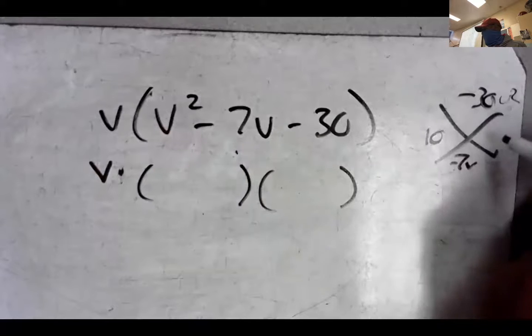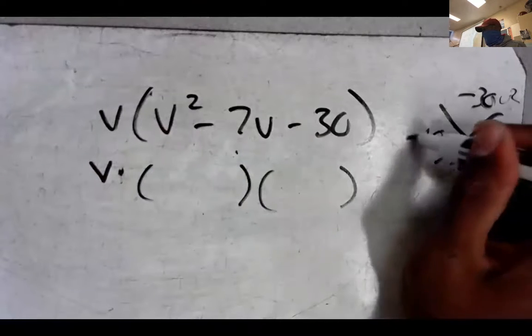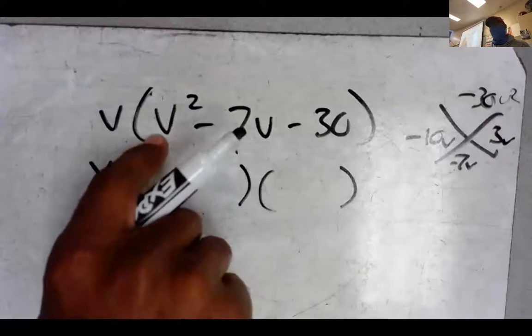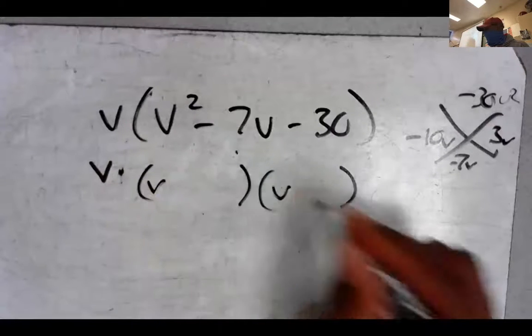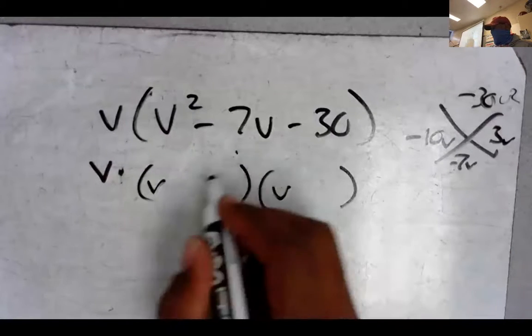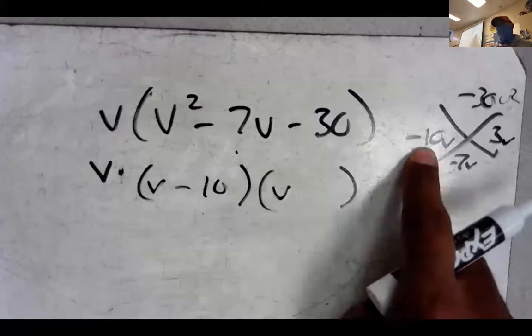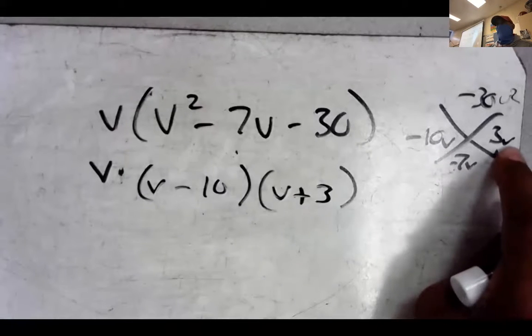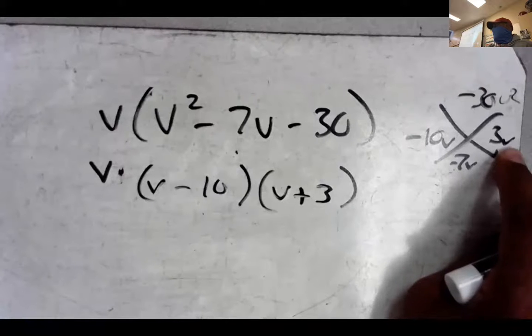My two numbers would be 10 and 3, and the 10 has to be negative. Because that's just a 1, I can go straight to my factors. So I get V minus 10 and then V plus 3. That's the X.